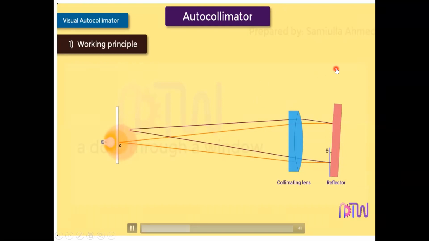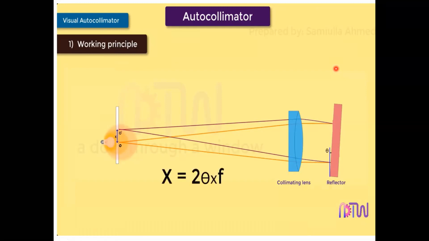It falls at point O dash. By knowing this distance between O and O dash, denoted by x, we can find the angle theta using this relationship: x equals 2 theta into f. Here, f is the focal length of the objective lens. This is the working principle behind the autocollimator.